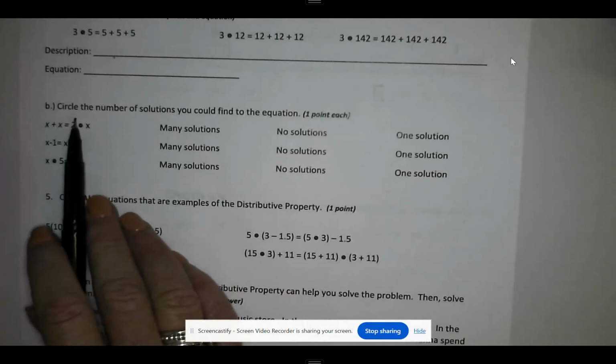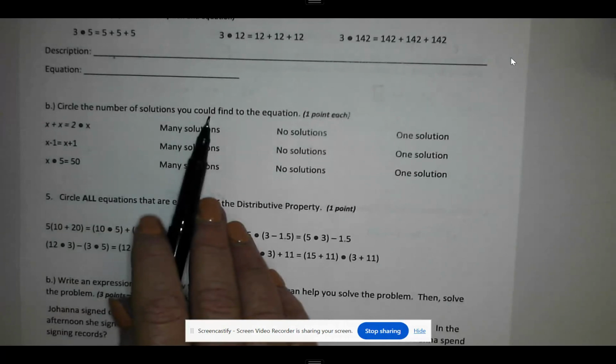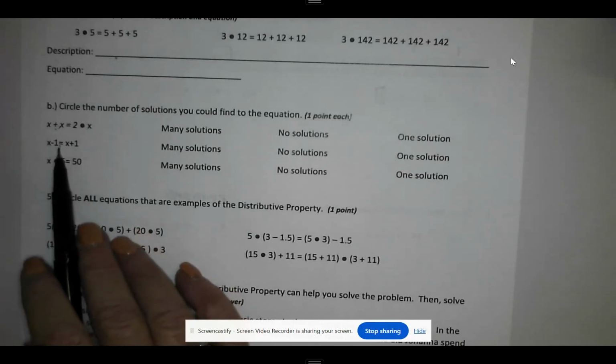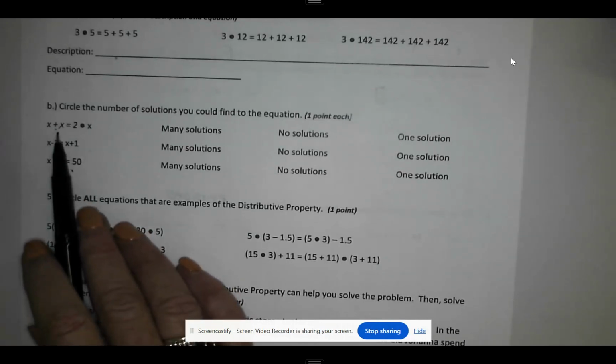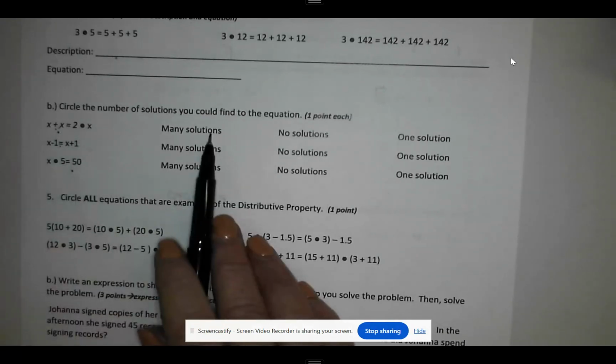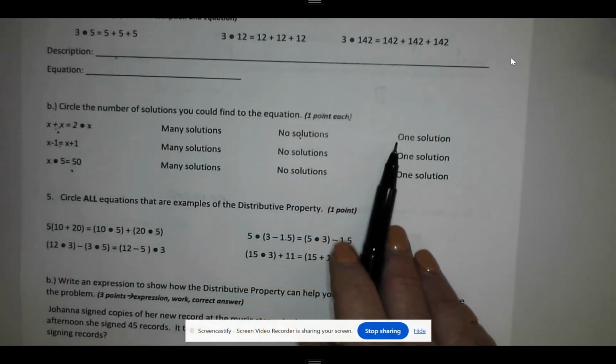Part B of this says circle the number of solutions you could find to the equation. There are 3 different equations. X plus X equals 2 times X. Will there be many solutions, no solutions, or 1 solution?